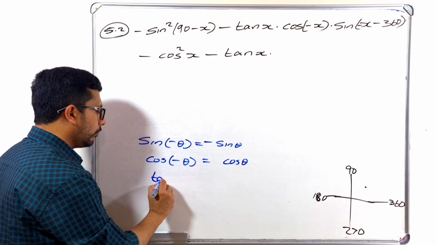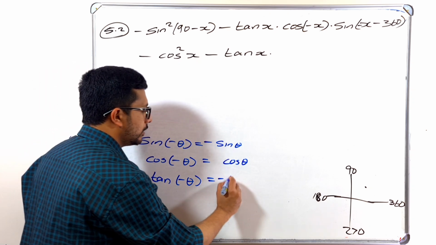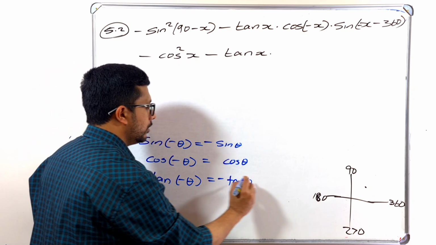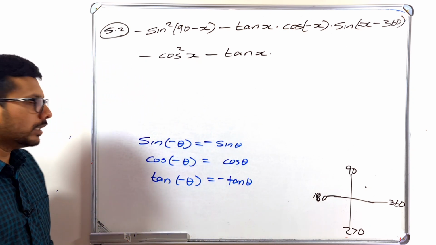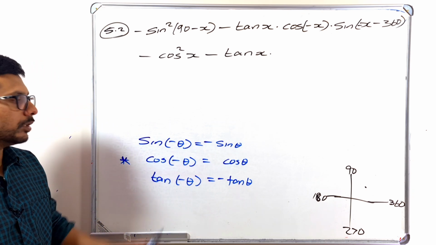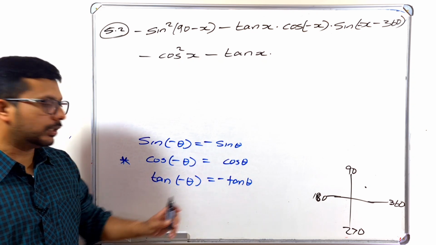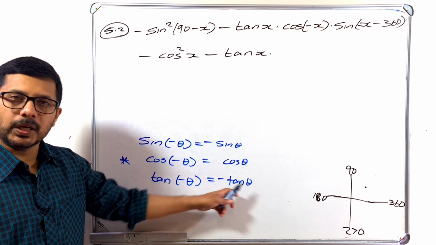Then tan of minus theta is minus tan theta. So the only difference is for cos of minus theta. It is not minus cos theta, it is positive cos theta. Otherwise, sine of minus theta is minus sine theta, and tan of minus theta is minus tan theta.